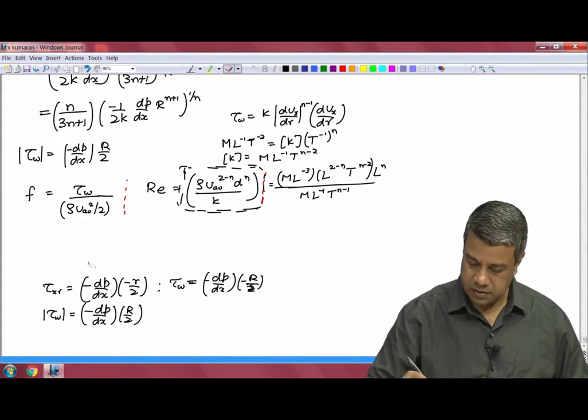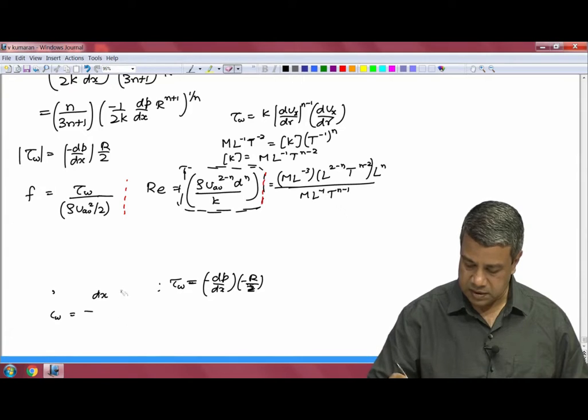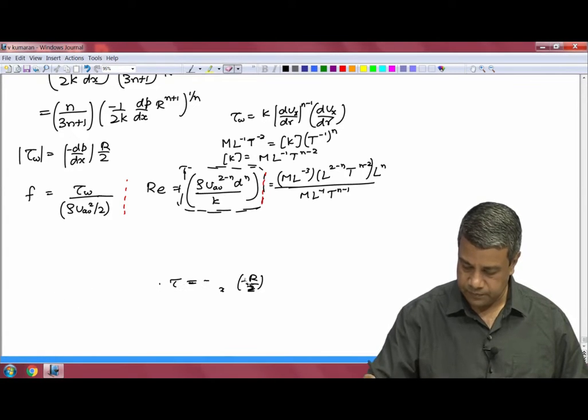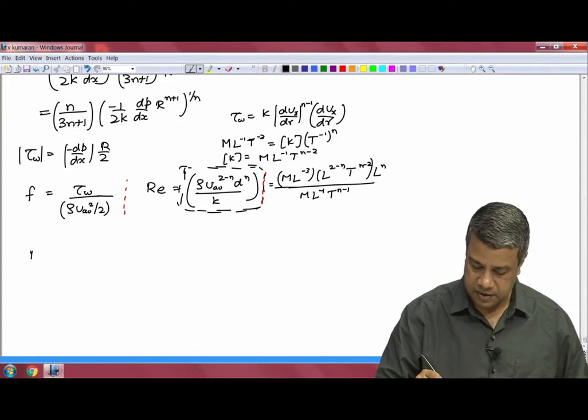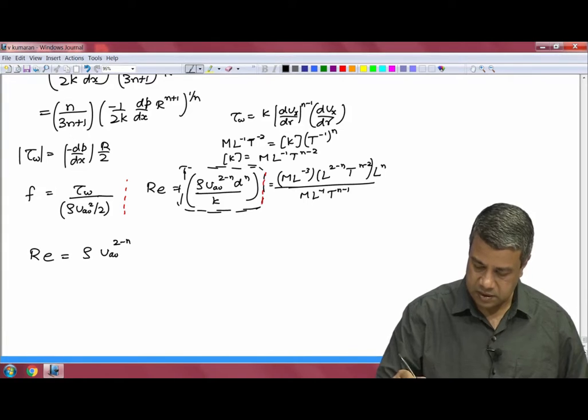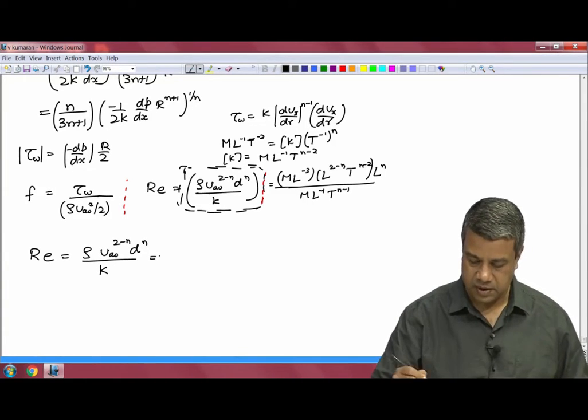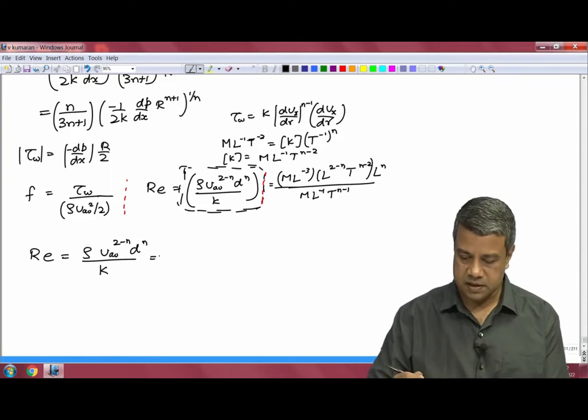Now, how do we get a Reynolds number from the flow consistency index? We had solved this before, but I will just give you the final result. This is equal to rho V average power 2 minus n times d power n by kappa. And you can verify that this is dimensionless.